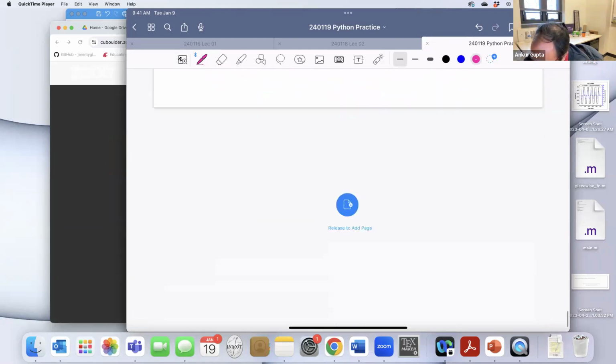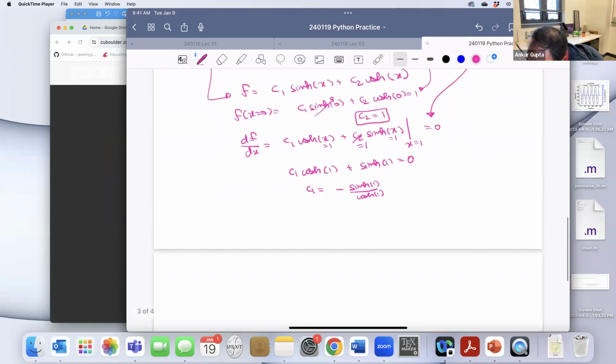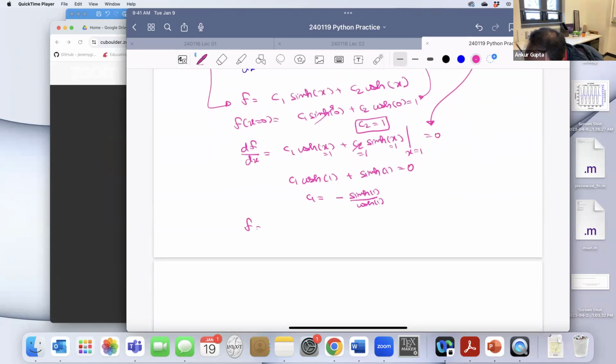Finally, we get f is equal to minus sinh of 1 sinh of x by cos of 1 plus cos of x.